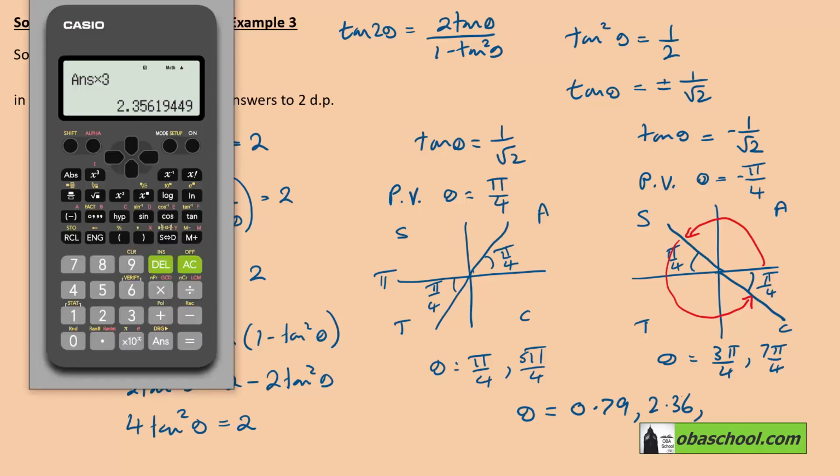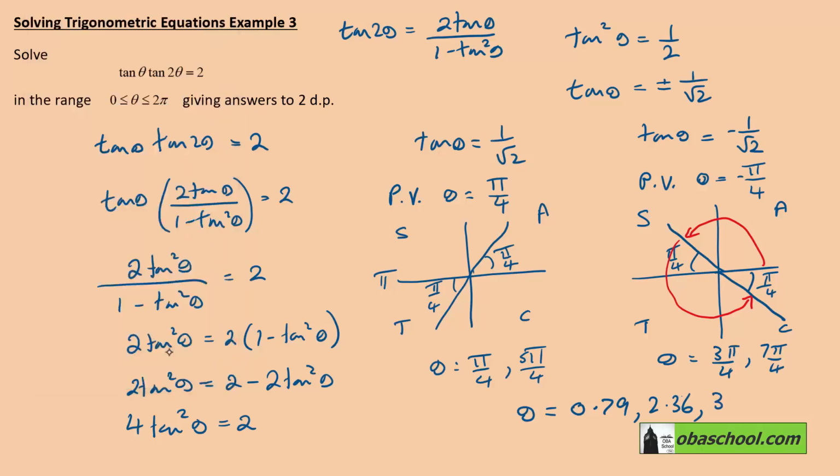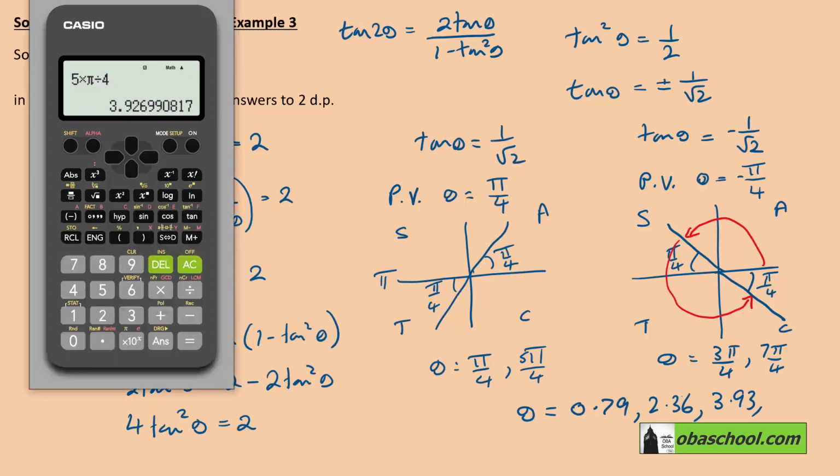And then I want 5 times pi divided by 4, which is 3.93. And finally 7 pi divided by 4. So 7 times pi and divide that by 4. And that gives me 5.50.